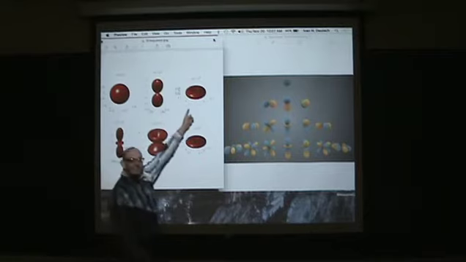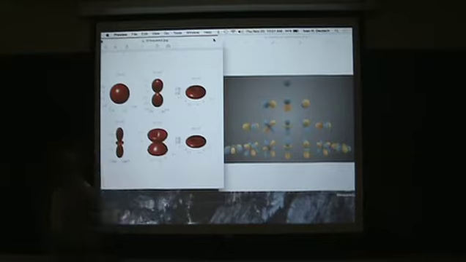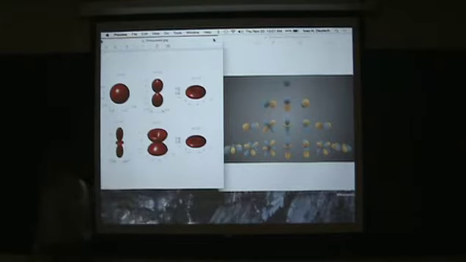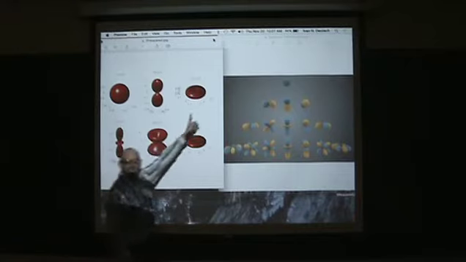In contrast, if I have angular momentum with projection plus or minus 1, that's the thing that has its angular momentum along either the x-axis or the y-axis in some combination, and it's the opposite.